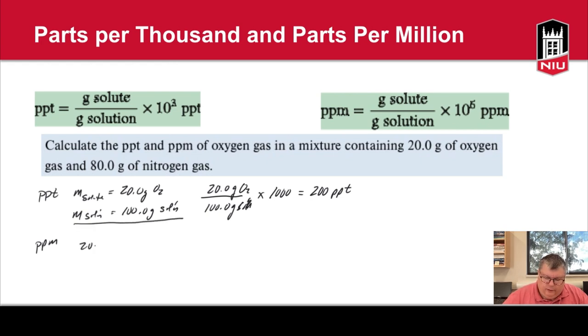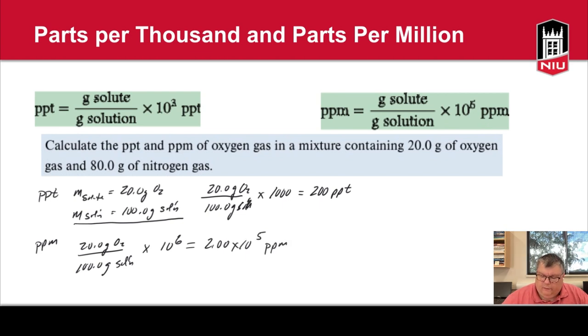So this is going to be 20.0 grams of O2 over 100.0 grams of solution times now 10 to the 6th to get parts per million, and that gives us 2.00 times 10 to the fifth parts per million.